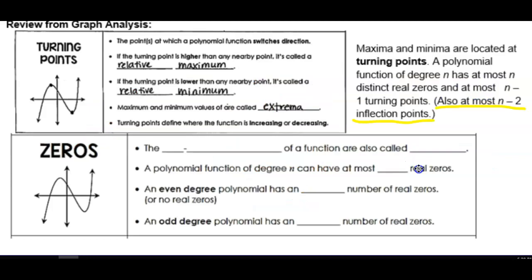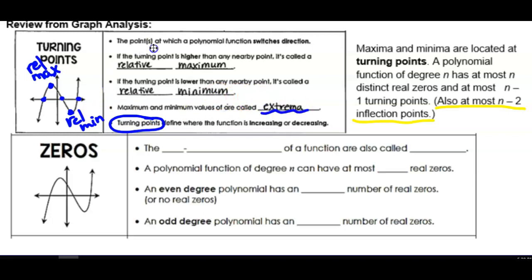All right. We got to talk about turning points. Remember when you did graph analysis, we had a relative max and a relative min. We're probably just going to be lazy and call them maxes and mins. This one also has 3 zeros. These maxes and mins were called turning points or extrema.